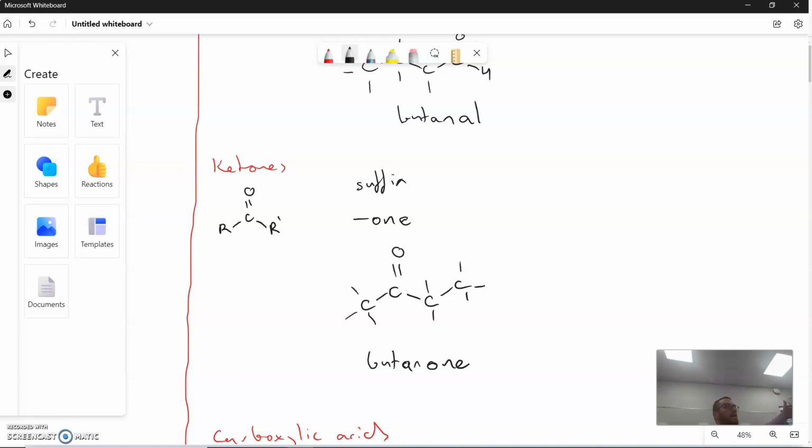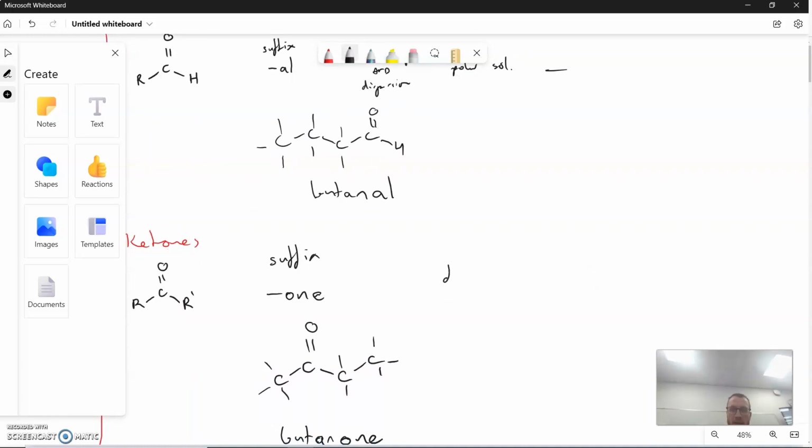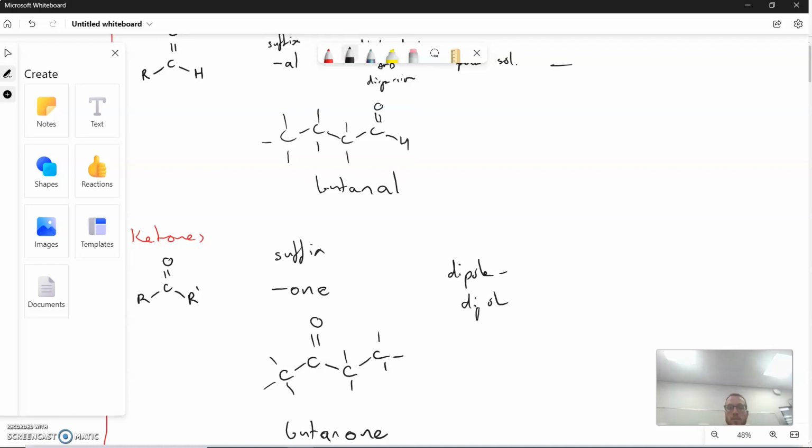If I had pentane, I could have pentan-2-one or pentan-3-one. In terms of bonding, similar to aldehydes in that it's dipole-dipole and dispersion, it's polar, it's slightly soluble, and we don't have to worry about reactions.